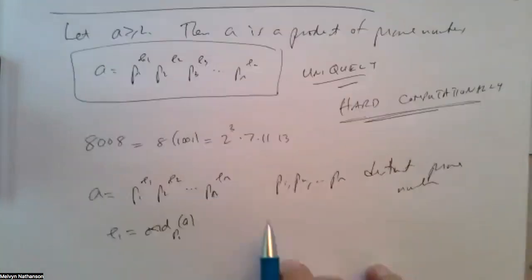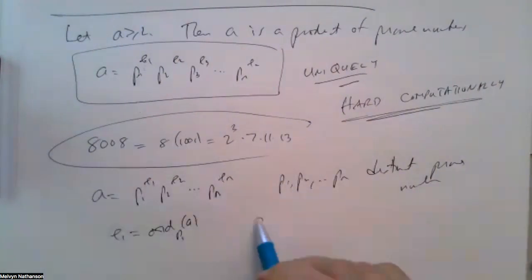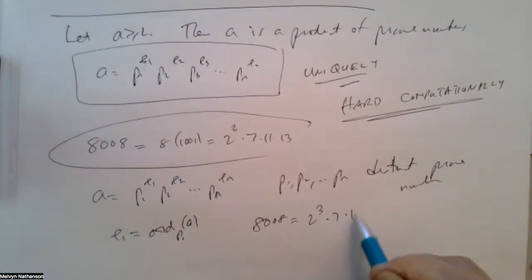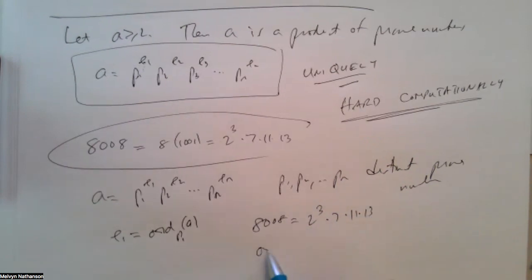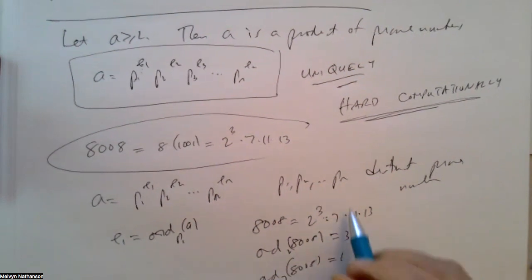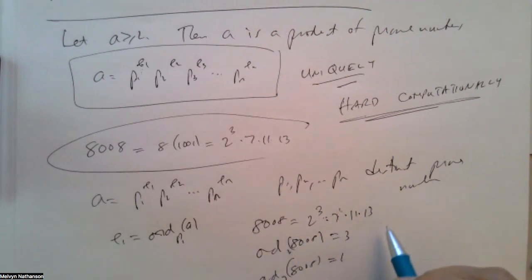So let me just give an example here. I have 8,008 is 2 cubed times 7 times 11 times 13. So the order of 8,008 at the prime 2 is 3, because 2 cubed is the highest power of 2 that divides 8,008. Whereas the order of 8,008 at the prime 7 is 1, because 7 to the first power is the power of 7 that divides this.